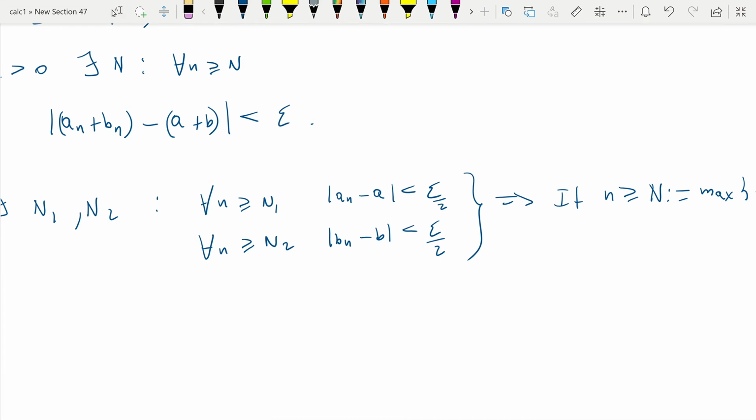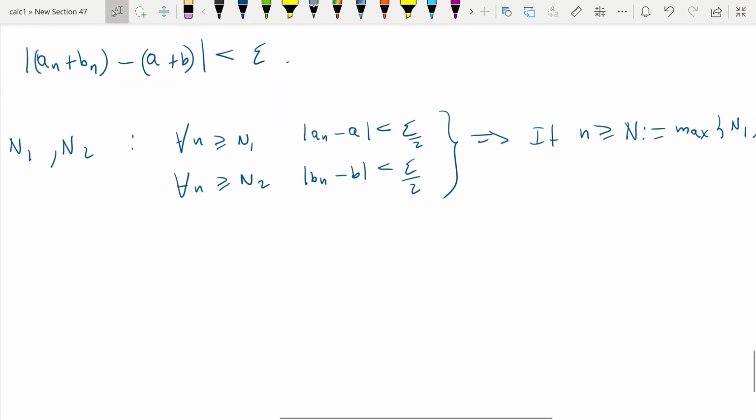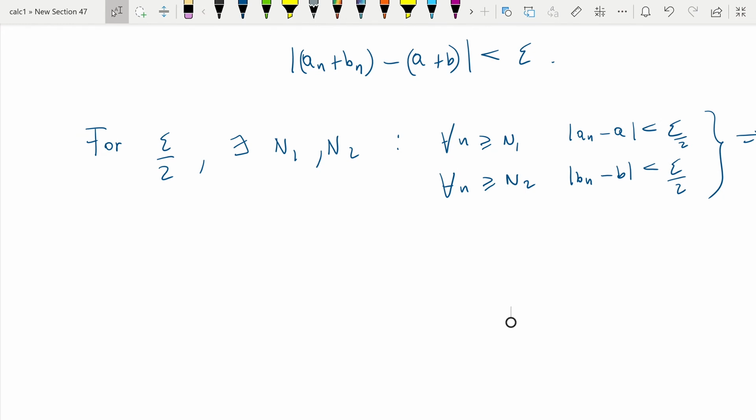One requires n to be greater than or equal to N1, the other requires n to be greater than or equal to N2, and both are statements for the same epsilon over 2.